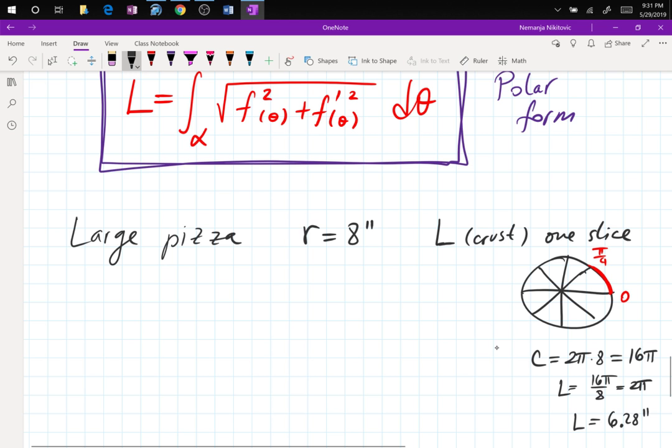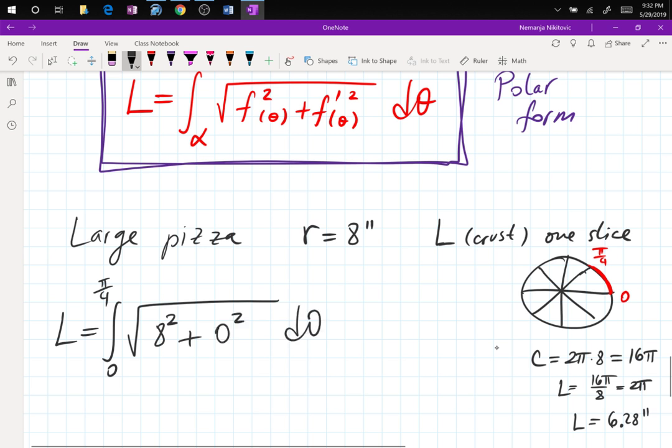But why keep it simple if we can complicate things and use Calculus 3? So we're going to calculate the length of the curve from 0 to pi over 4, right? Because we want one slice. And then the radius of the pizza is 8. So we have square root of 8 squared plus the derivative of this, which is 0 squared, d theta.